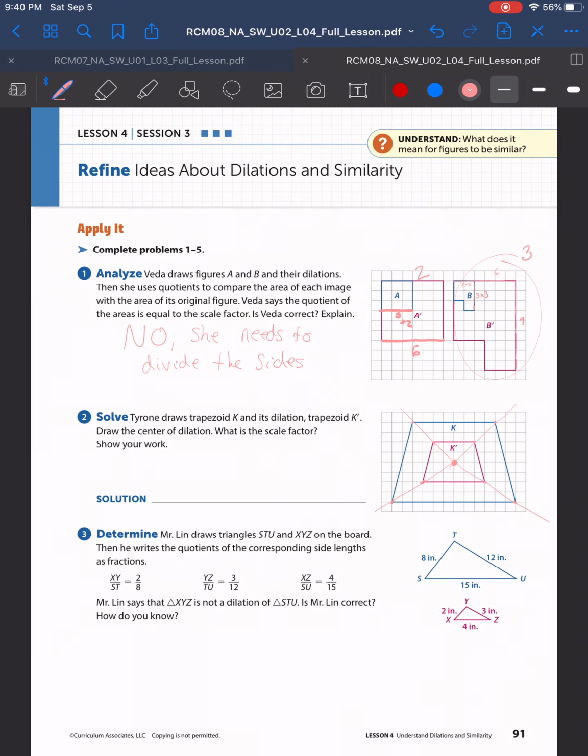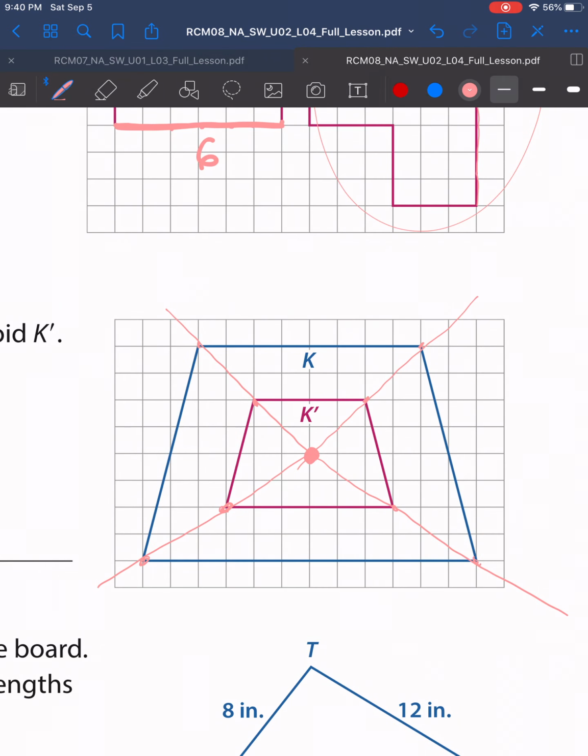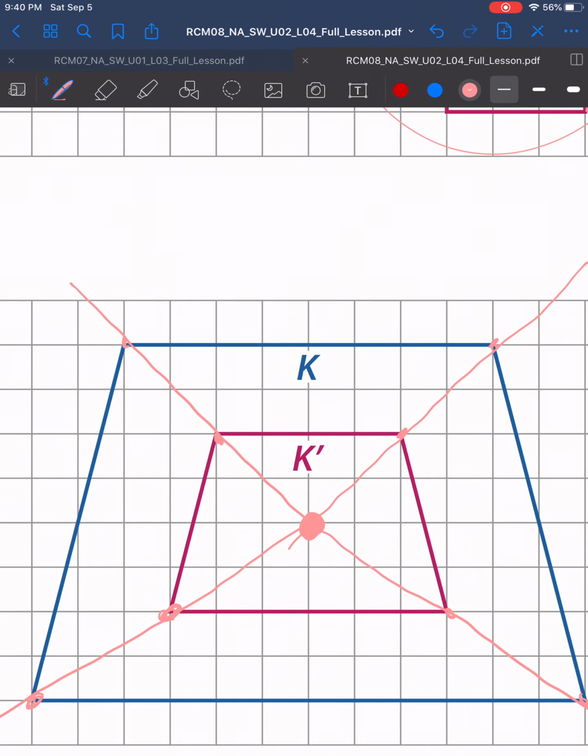What is the scale factor? So remember, we're going from K to small, so that means we're going to get a fraction less than 1. So let's see here, 1, 2, 3, 4, 5, 6, 7, 8. So this is an 8, and then it's 1, 2, 3, 4. What do you do to get from 8 to 4? You divide by 2.